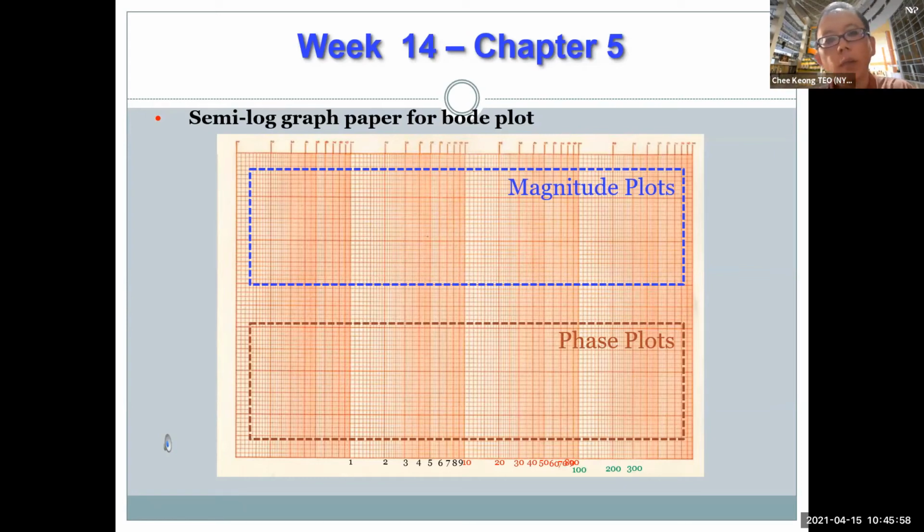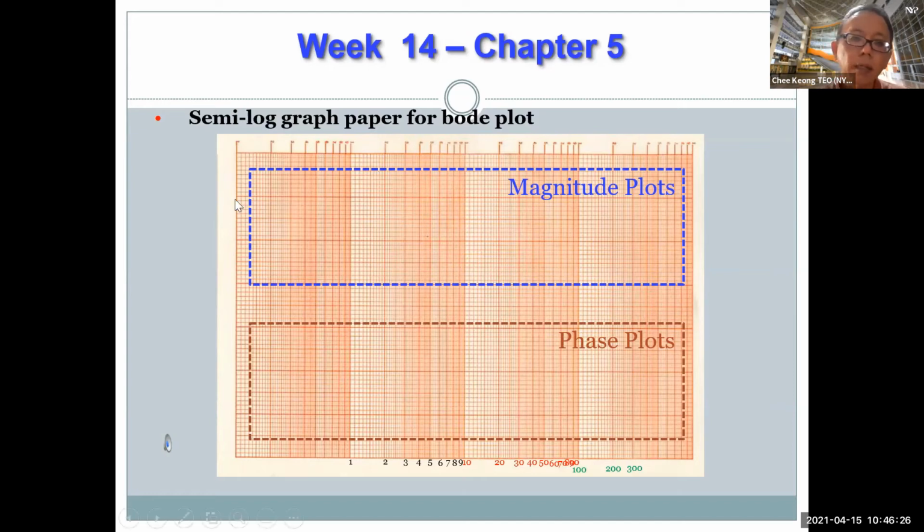Because the Bode plot is not plotted just to be nice, to show you how a magnitude looks like and how the phase looks like. It's not that. Basically, we plot the magnitude and phase plot together, making sure they are in line. So later, we use the analysis on the magnitude and analysis of the phase to determine the phase margin and gain margin. And as a result, we infer whether this is a stable system or not a stable system. So that's the key of the thing.